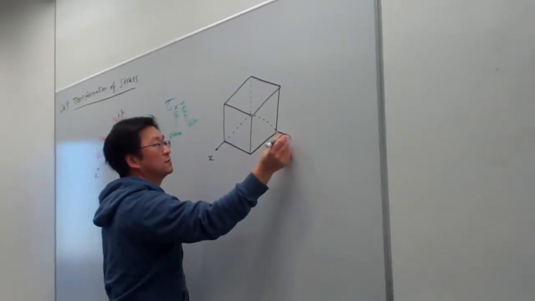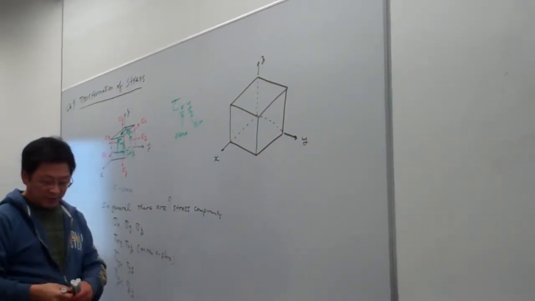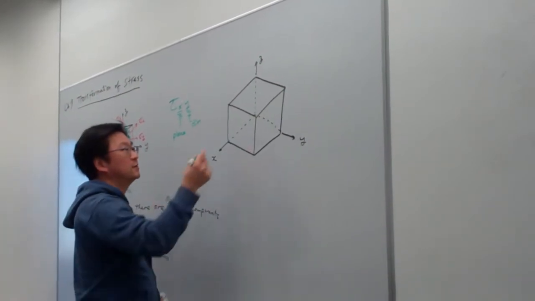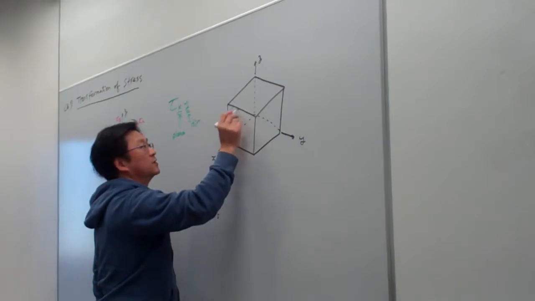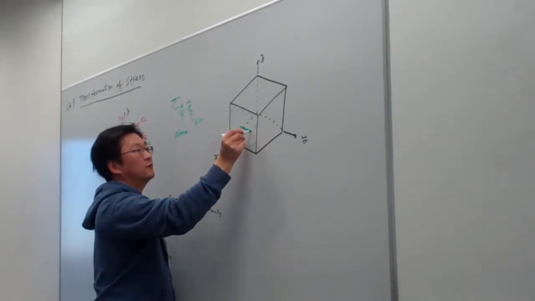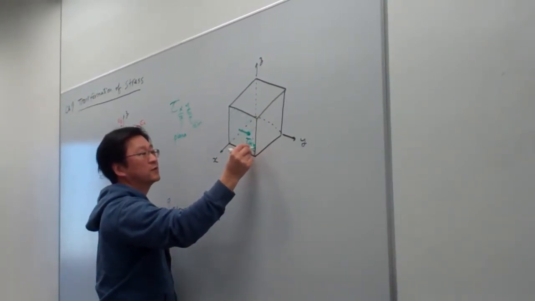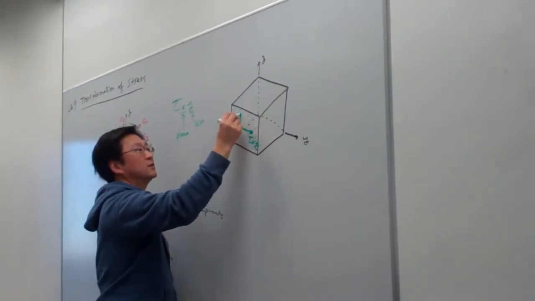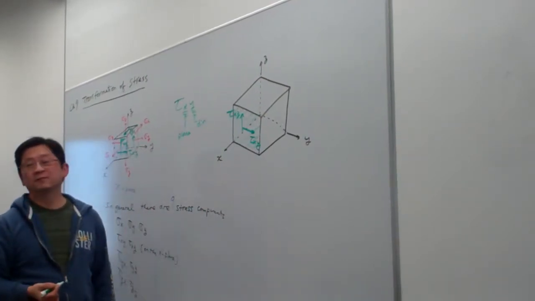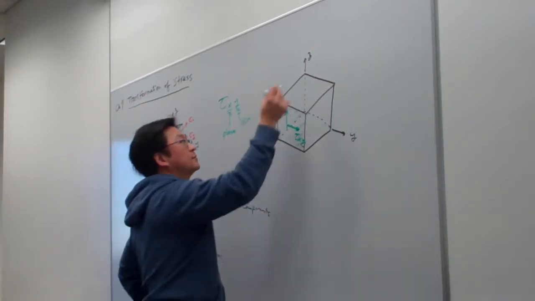So x, y, and z. And now here I only label the shear. So right now we label on this plane. So that is the tau x pointing to z, and that's a tau xy. And here is tau xz. Okay, so now we label on the top.